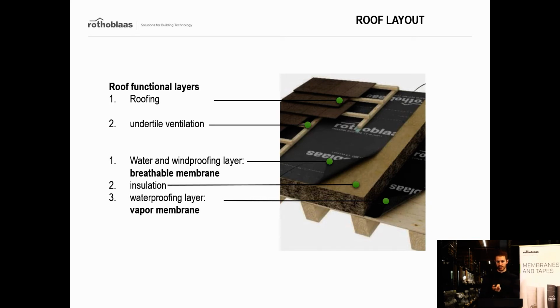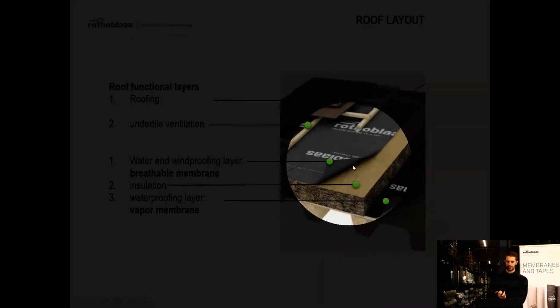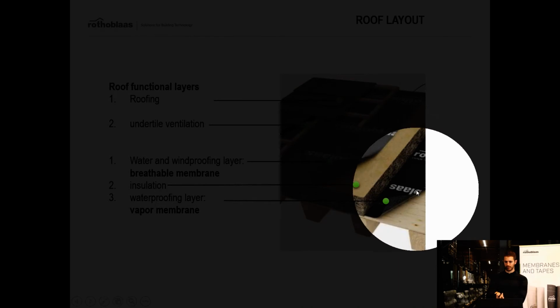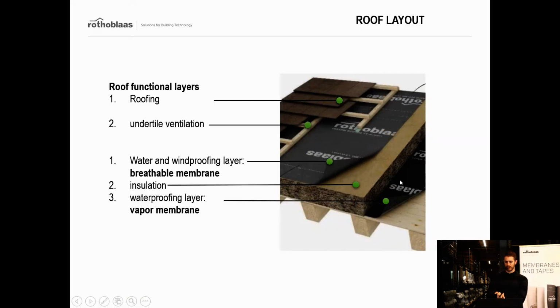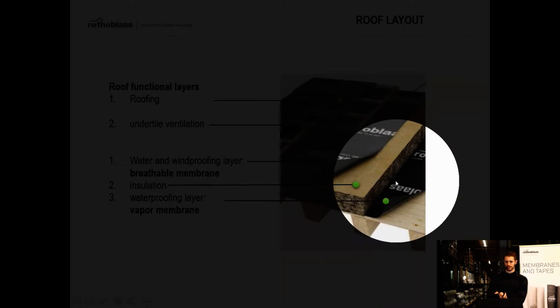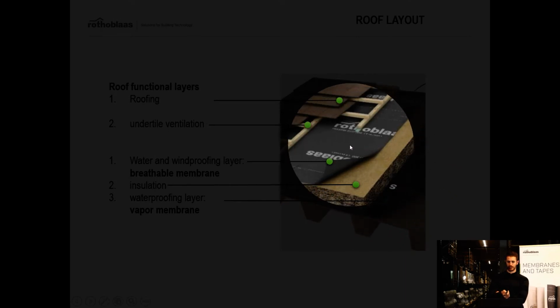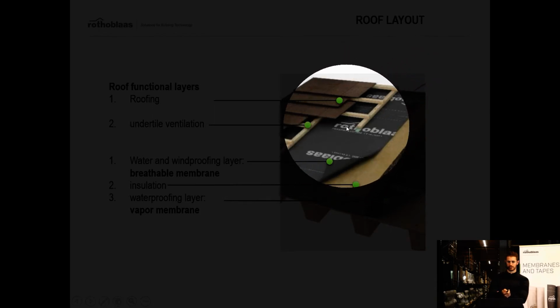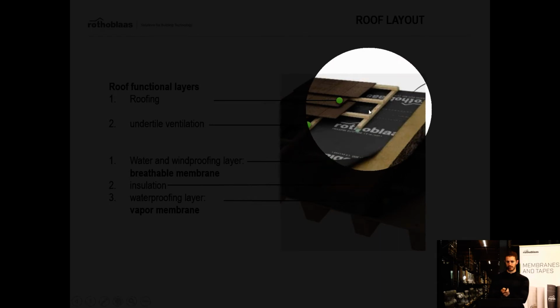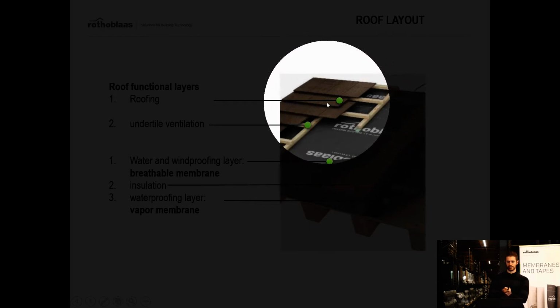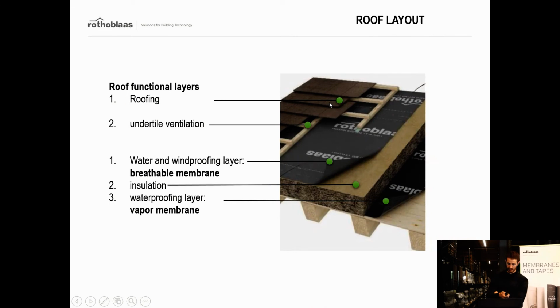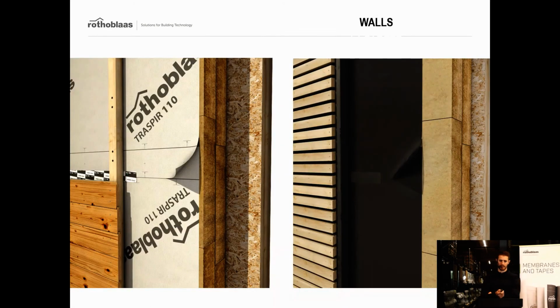You can see that on the inside, on the warm side of our insulation, we have our vapor control layer. We have, of course, the insulation, which is very important. And on the outside, we have a breathable membrane. And it's important as well to have ventilation, if possible. And then, of course, the finishing layer, or the tiles or the roofing that we have to finish it up.